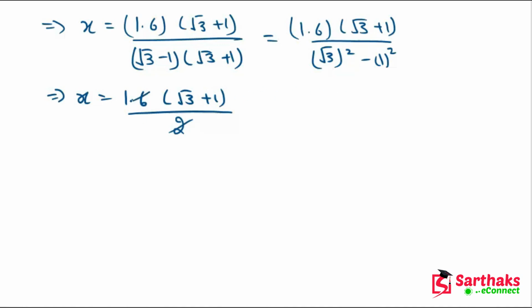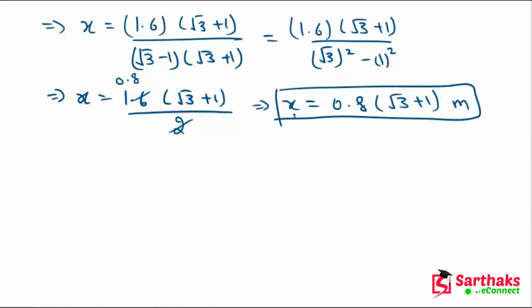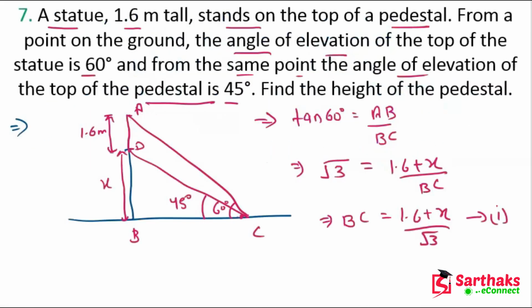If we divide this, we get 0.8. So we have x equals 0.8 multiplied by root 3 plus 1 meter. So this is our final answer, this is the height of the pedestal.